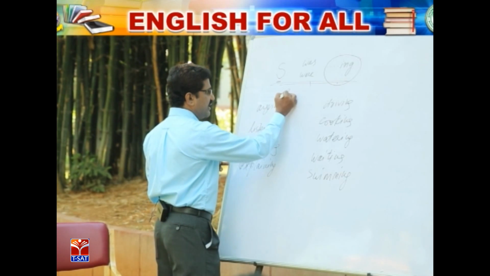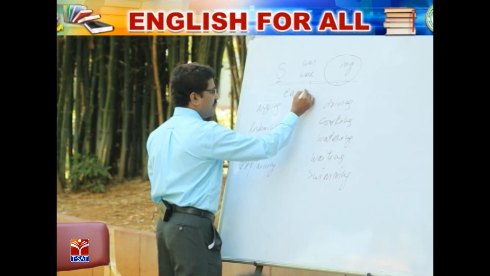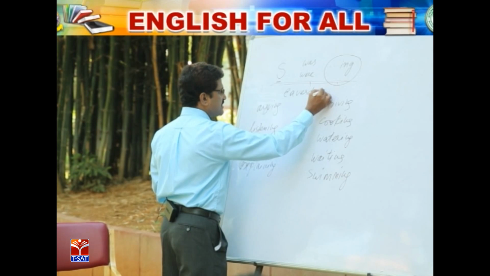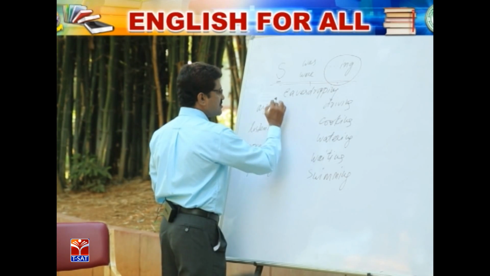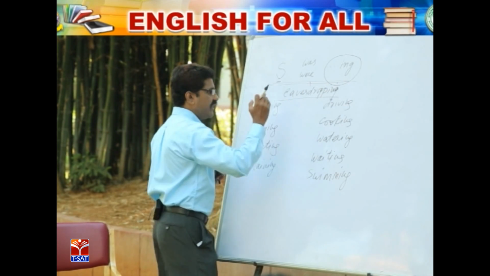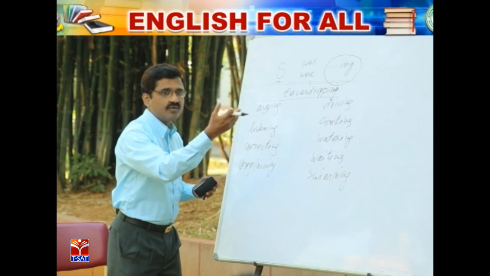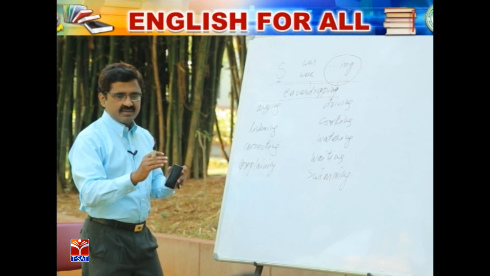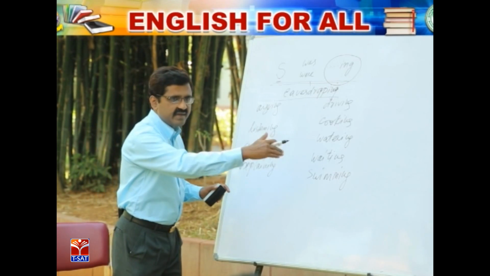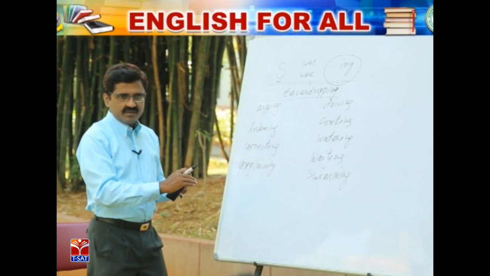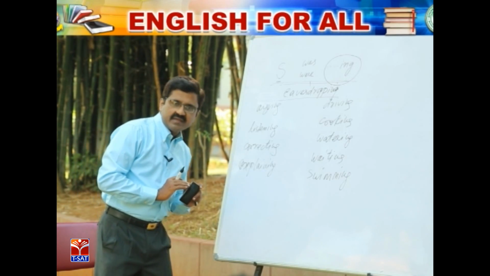If you come across any new ing form which you haven't seen before, for example, eavesdropping. Eavesdropping meaning secretly listen to others talk without their knowledge. Suppose your boss and his clients are talking in the office, you wait outside near the window and secretly listen.